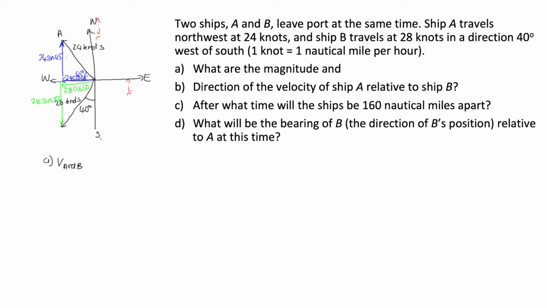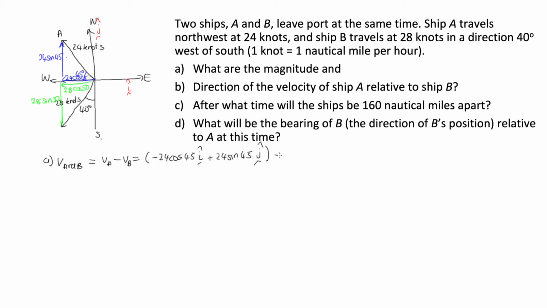Okay, so writing this down, we've got the velocity of A relative to B is equal to the velocity of A minus the velocity of B. So this is equal to minus 24 cos 45 I, the negative because it's going towards the west, and then in the j direction we've got plus 24 sine 45 j.